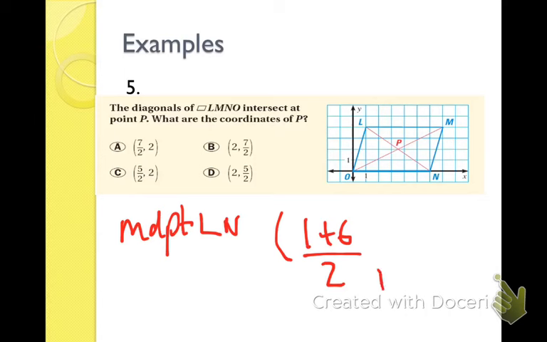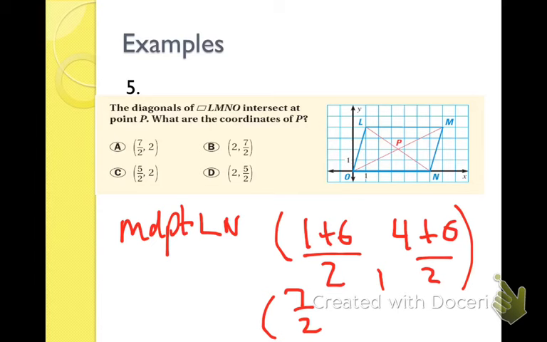Those are my x values. Then I take the average of my y values. My y values are 4 and 0, divided by 2. So that's 7 halves and 2. So the answer is A, 7 halves, 2.